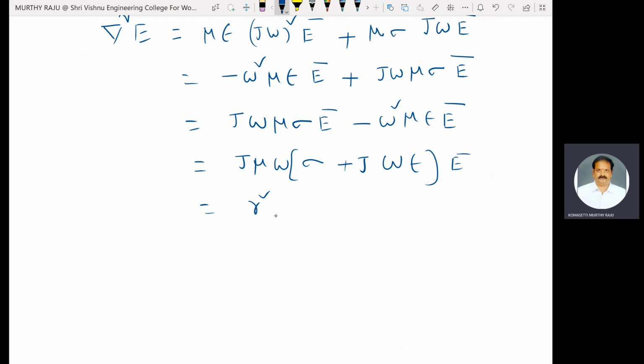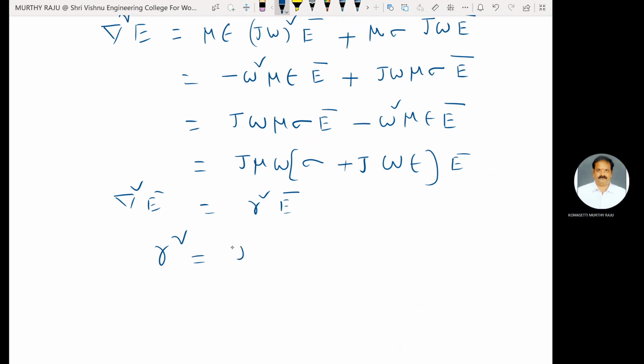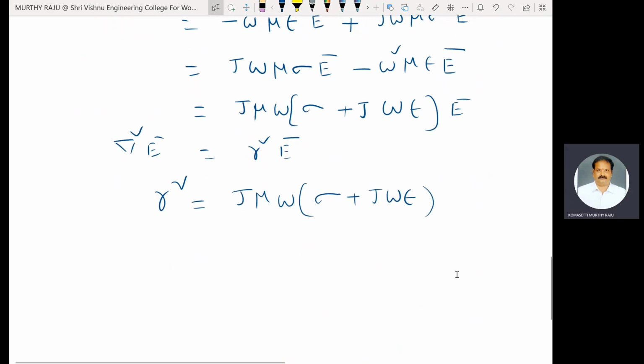So del square E bar is equal to gamma square E bar, where gamma square is j omega mu times sigma plus j omega epsilon. This is the propagation constant of the wave.